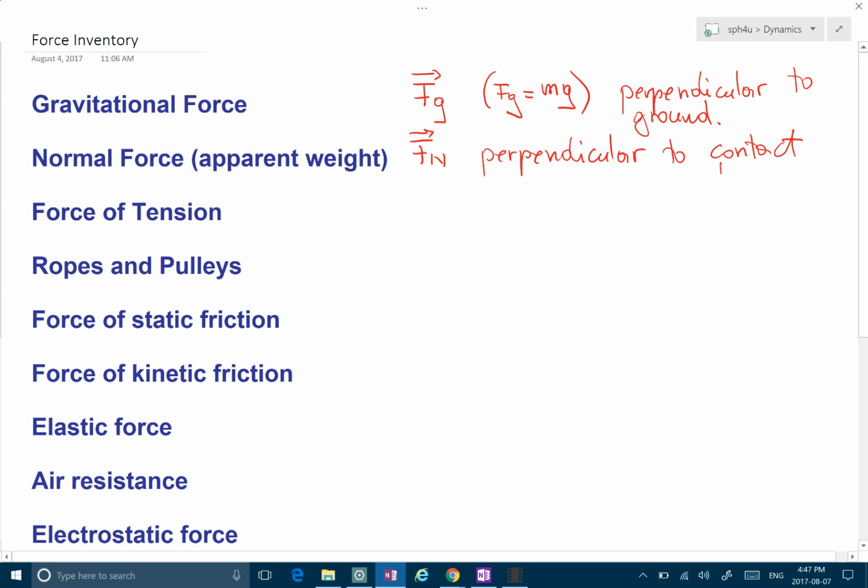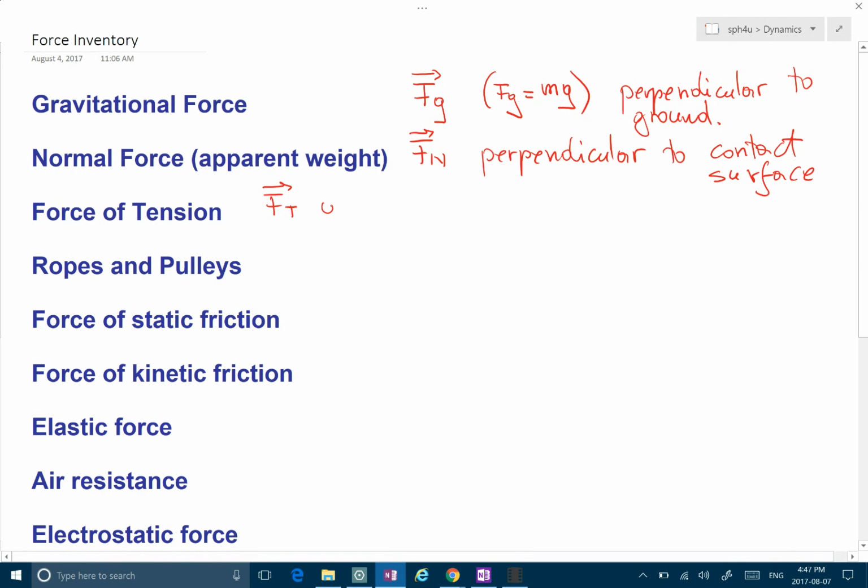So we need to have a contact surface, and we need to have some pushing against the two objects. Surface. All right.